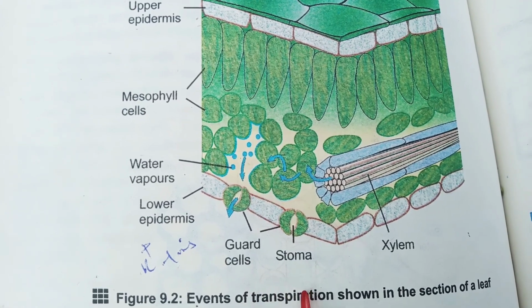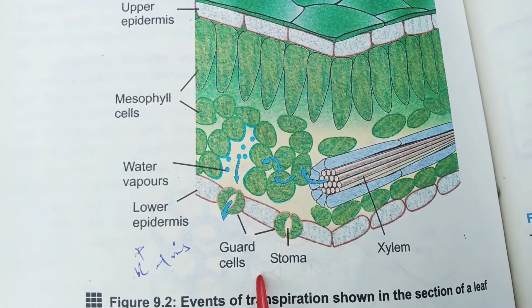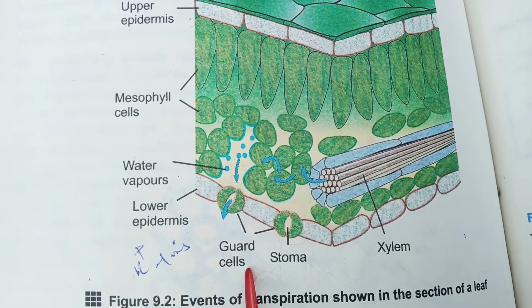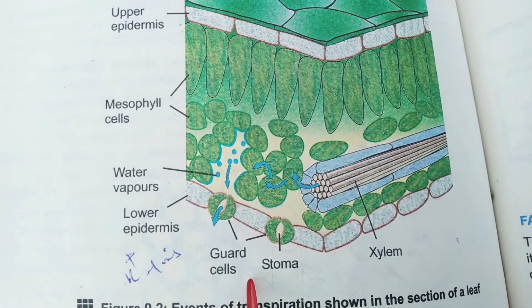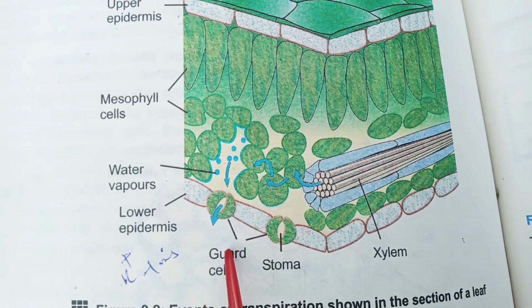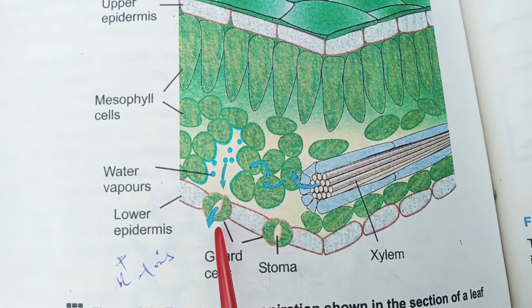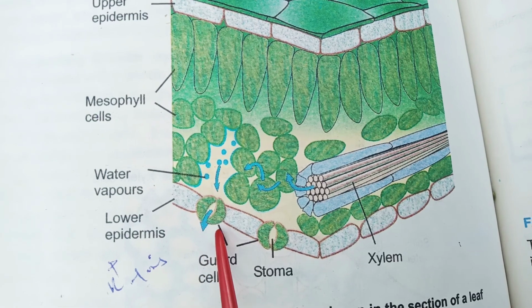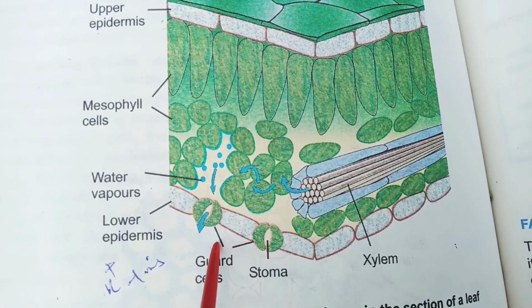The two guard cells of a stoma are attached to each other at ends. The inner concave sides of guard cells that enclose a stoma are thicker than the outer convex sides.